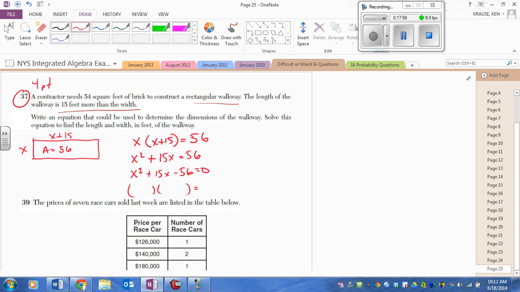Oh, it's 54. Why did I put 56? It's 54 square feet, which makes much better sense.